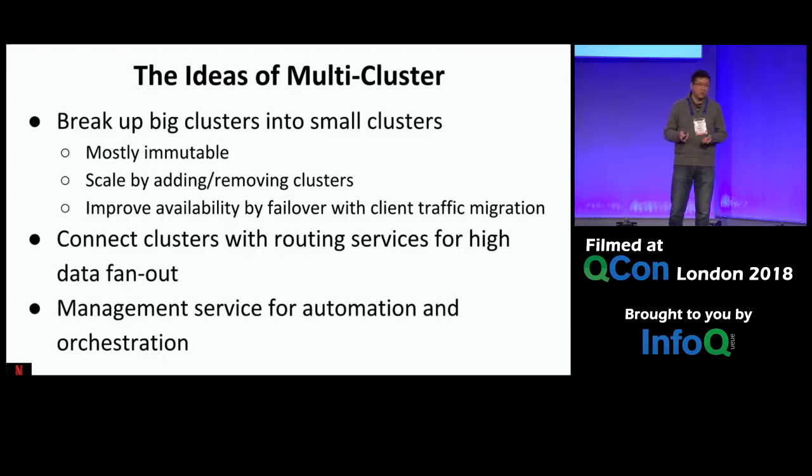Now that you have multiple clusters, you will see the overhead increase for managing multiple clusters as opposed to managing a single cluster. That's where you need some kind of management service for automation and orchestration, and to reduce the chance of human errors when operating on multiple clusters.